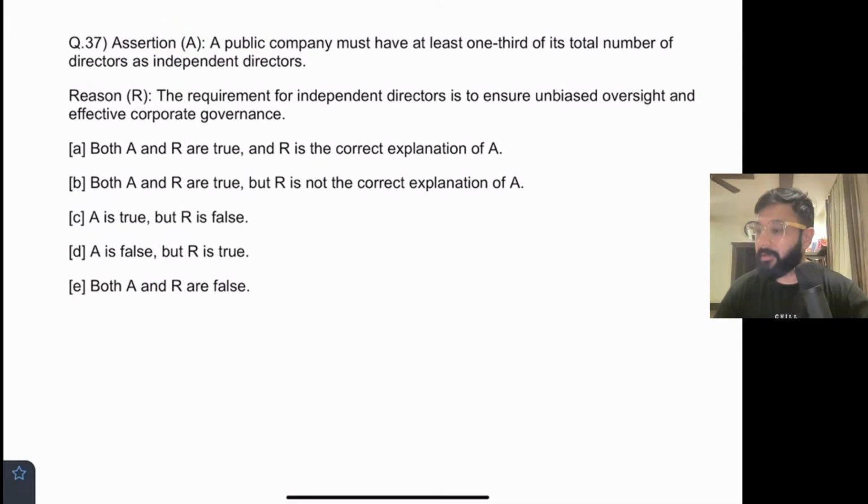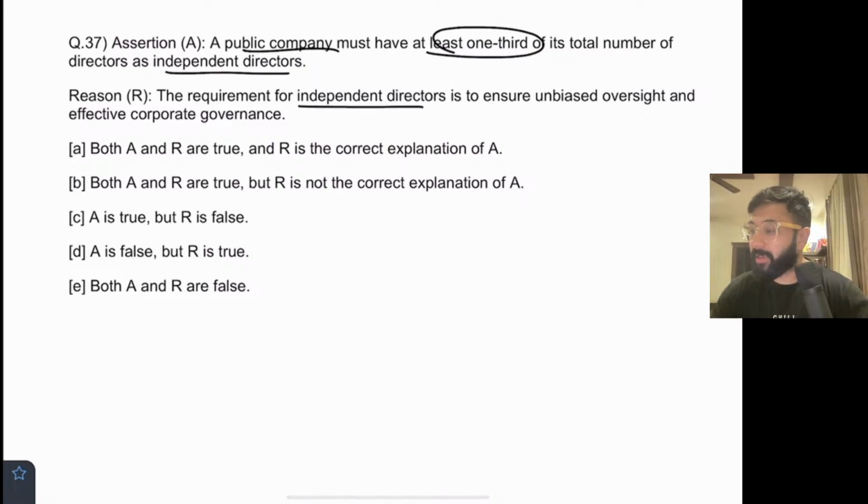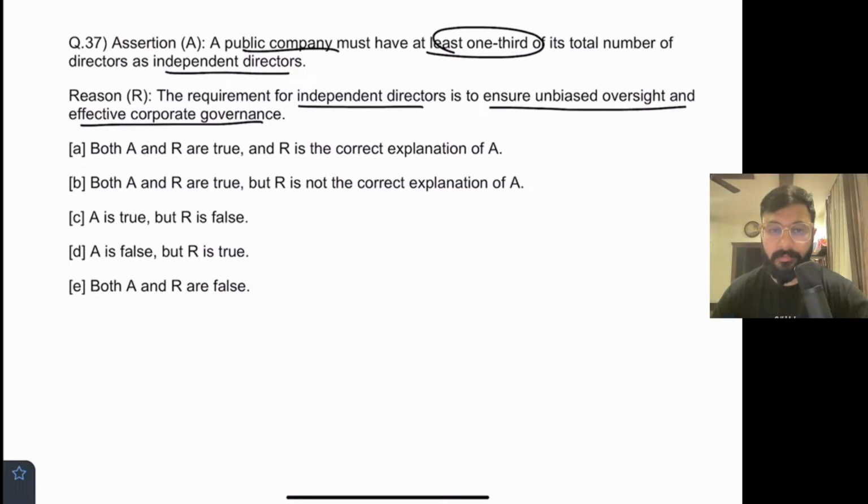Okay. Question number 37. A public company must have at least 1/3 of its total number of directors as independent directors. The requirement for independent directors is to ensure unbiased oversight and effective corporate governance. सही क्या है, गलत क्या है?